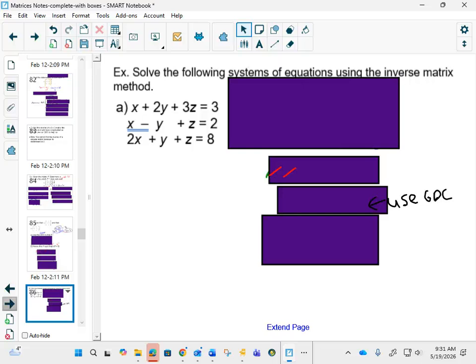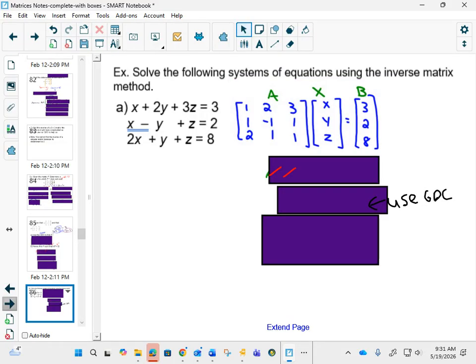But what we're going to do is set up a matrix equation. Our coefficients matrix is our matrix A. Again, what's really important is that column 1 is x's, column 2 is y's, column 3 is z's.